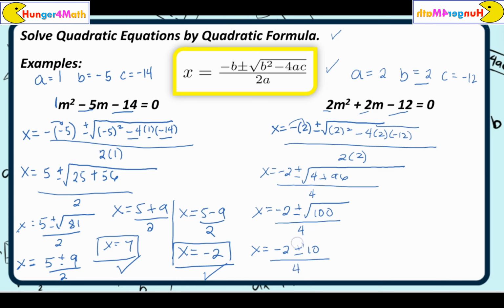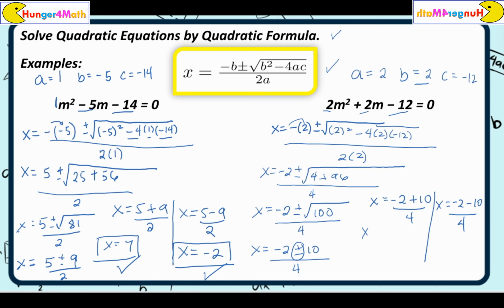Then we're going to split the plus and minus. That will be x is equal to negative 2 plus 10 all over 4, and x is equal to negative 2 minus 10 all over 4.